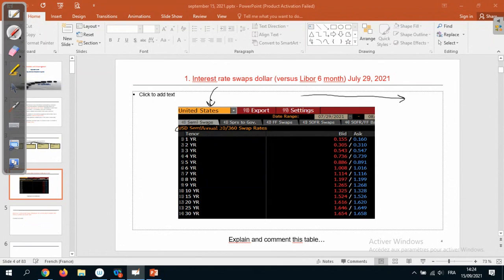For instance, if you make a swap of 10 years, each year, year 1, year 2, year 3, up to year 10, you will pay a fixed interest rate, the same fixed rate F, determined today, and then F again until the end in 10 years.